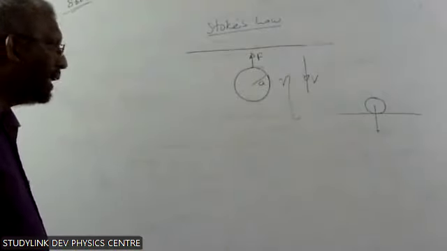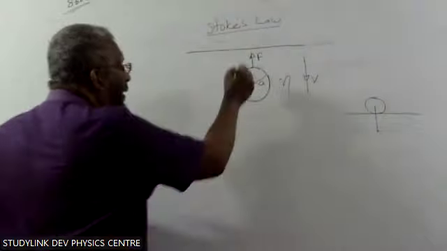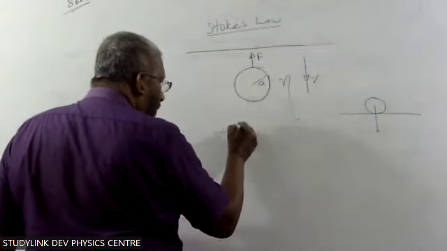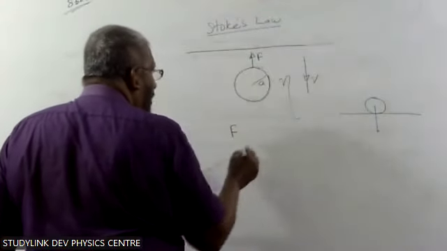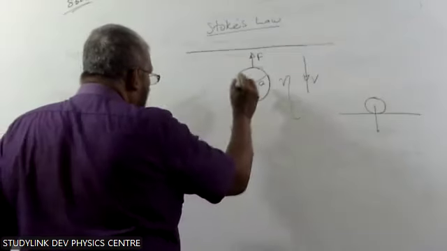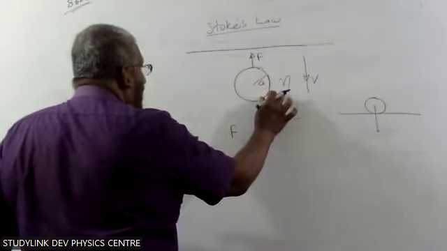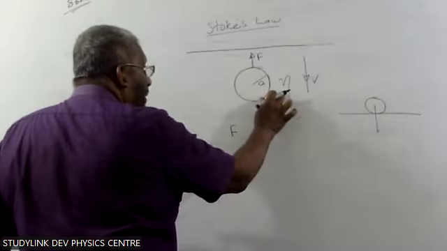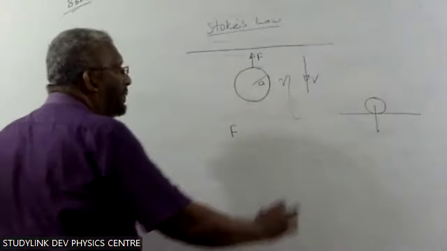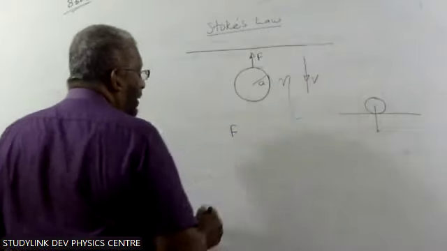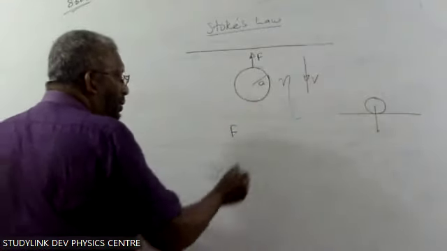So then, this frictional force or viscous force depends on the radius of the sphere, the liquid's coefficient of viscosity, and velocity.